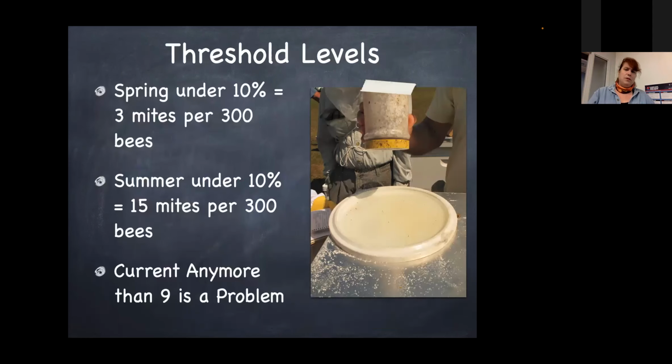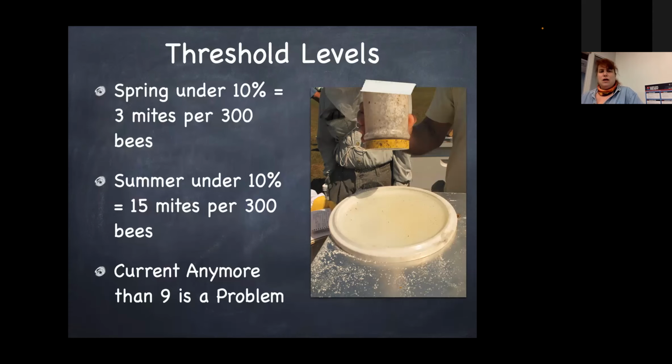So these are simple figures, but you definitely want to stay under 10% in the hive. So if you have 3 mites per 300 bees, you're right at that threshold level.